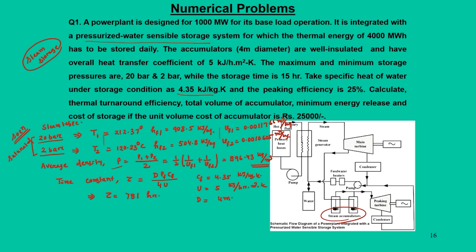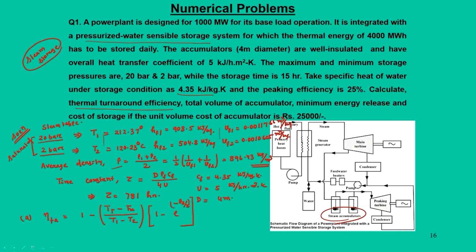So, the first thing that we need to find out is the thermal turnaround efficiency. We can recall this expression as efficiency turnaround equals 1 minus, bracket, T1 minus T infinity divided by T1 minus T2, entire bracket, times 1 minus e to the power minus theta s by tau.